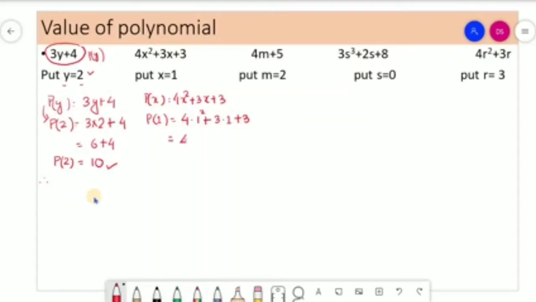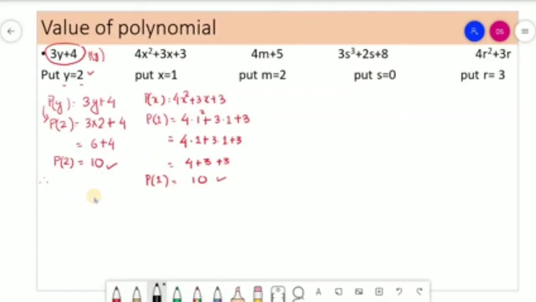Now 4 into 1 plus 3 into 1 plus 3, so 4 plus 3 plus 3. This is your value, 10. Now for value 1 instead of x, the polynomial value is 10.